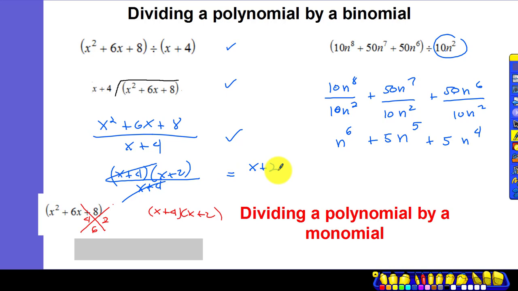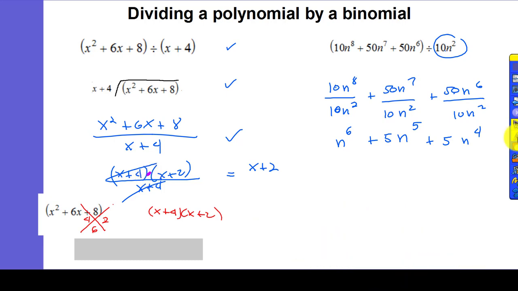Now note that we can only cancel if we have a product with the factor that you're going to cancel and the rest of the expression. So here, we can cancel x plus 4 and x plus 4 because this x plus 4 is being multiplied to x plus 2. So that you'll understand this better, let me give you an example in terms of numbers.